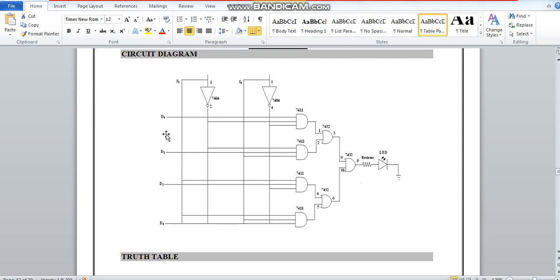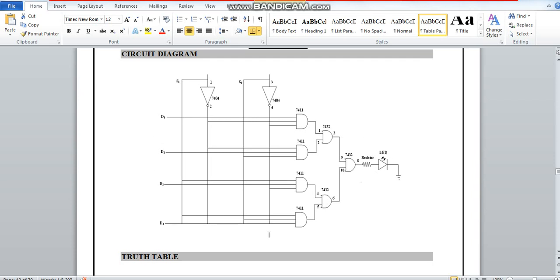All the data lines and the selection pin inputs are fed to AND gates. Since 4 inputs are present, you have 4 AND gates. The outputs of the AND gates are ORed together by an OR gate, and finally the 2 OR gates are again ORed together, because in a multiplexer you have only one output. Everything is summed up and presented as one output, which is visualized through an LED.